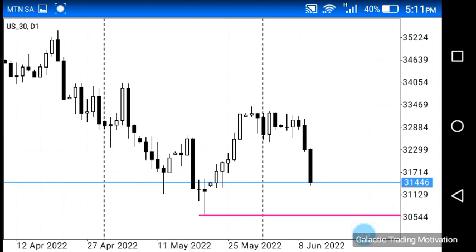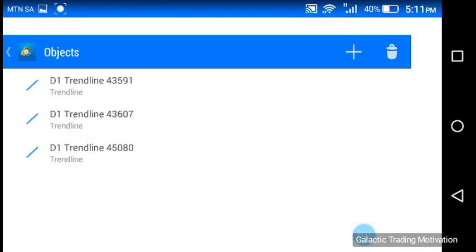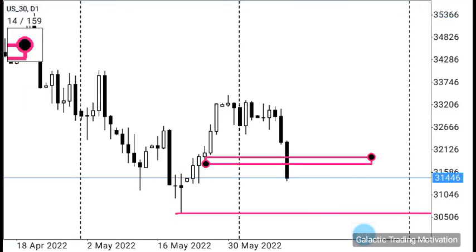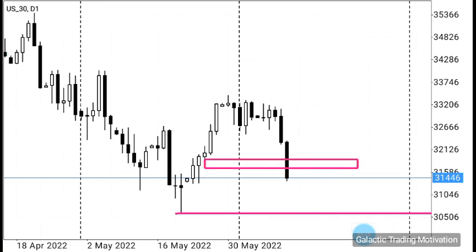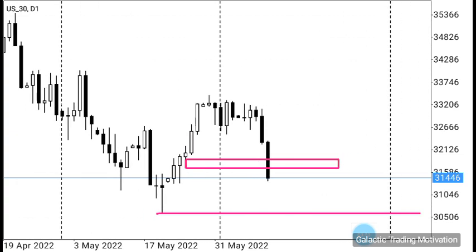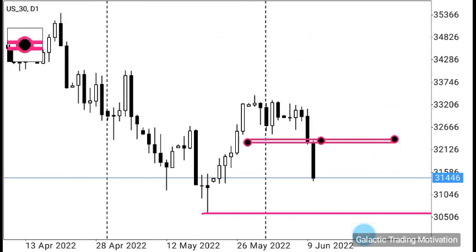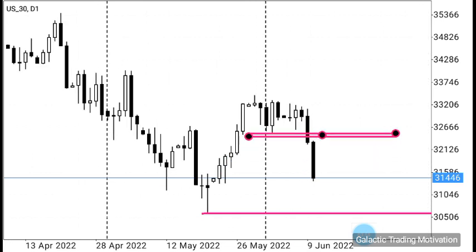Nonetheless, let us move forward. Before we move forward, let me just add a neckline to that M structure so that we don't forget about it. There we go, just bear with me. There we go.